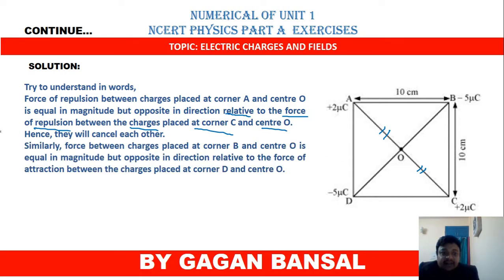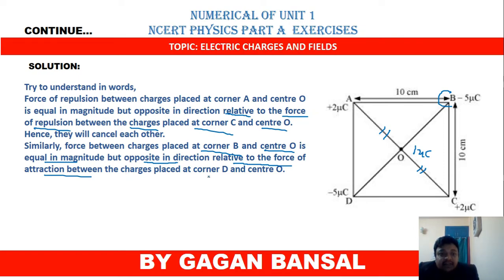In the same way, the force between the charge placed at corner B of -5 microcoulomb and center O is equal in magnitude but opposite in direction relative to the force of attraction. Why attraction? Because they are of opposite nature. Here it is positive 1 microcoulomb and here it is negative.